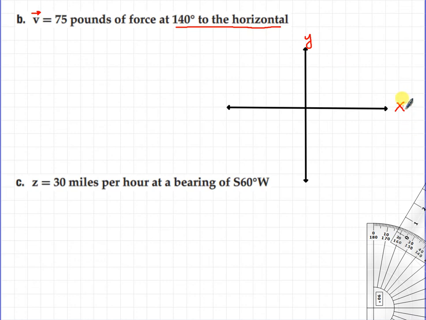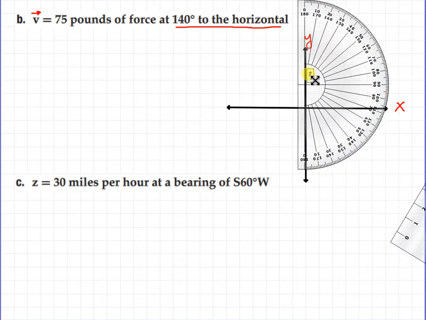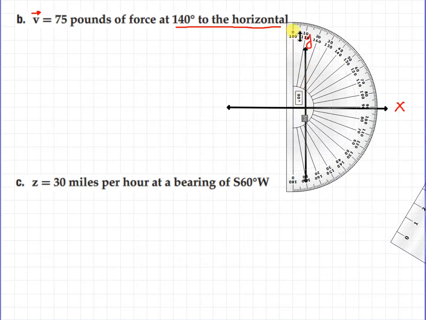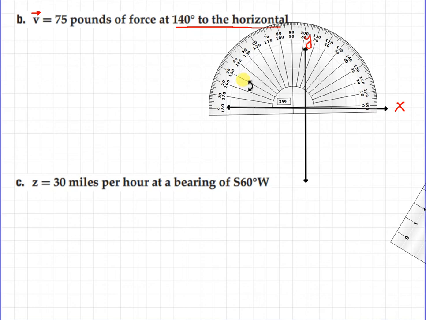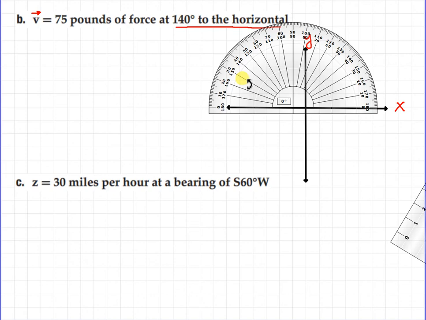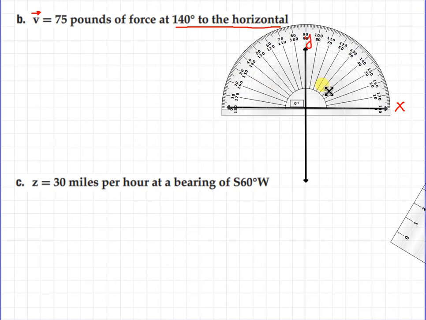Okay, so first I mark my 140 degree angle. I have to turn this to make the 0 along the positive x-axis. Okay, here we go. 140 degrees is over here. You just need to mark a point.